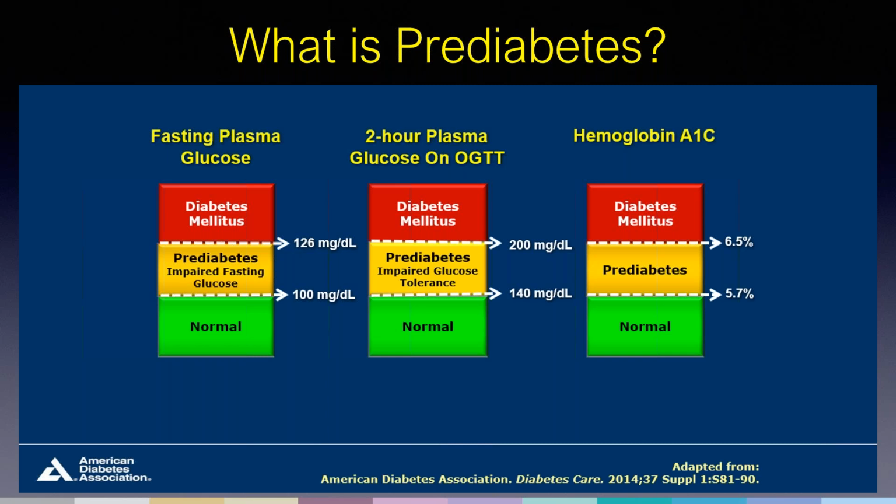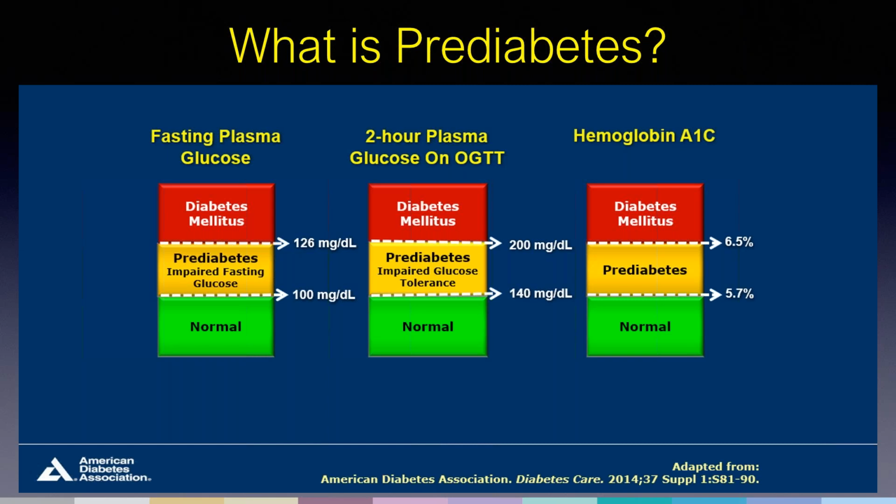And finally, as most of you are well aware, hemoglobin A1C, and this is the number that's really changed over the years, the threshold has gone down for having prediabetes. So normal is now less than 5.7%. But anything above 5.7 and less than 6.5 is called prediabetes now. If you're above 6.5%, you have diabetes.